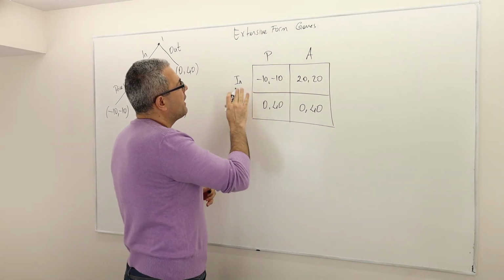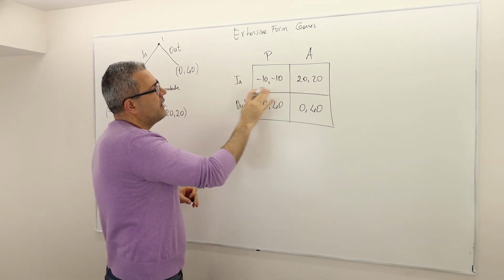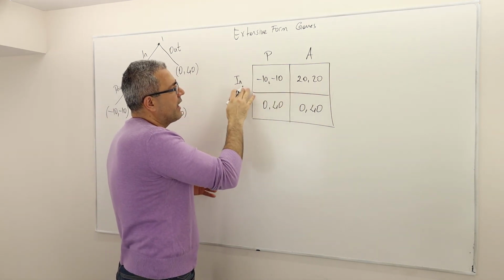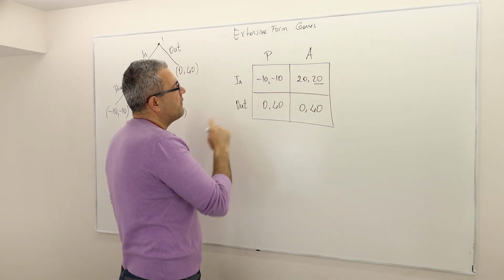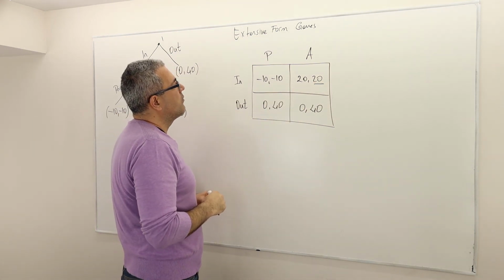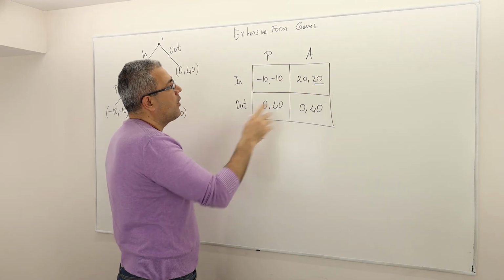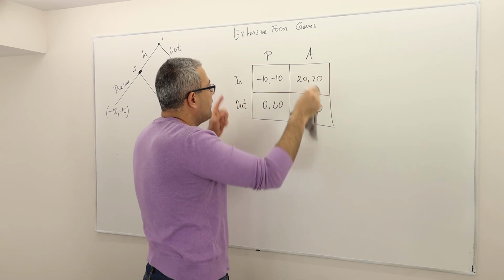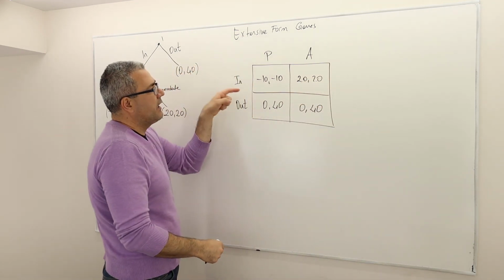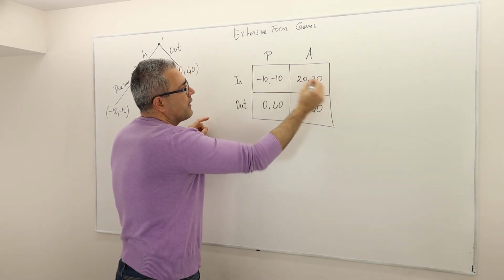So here, if firm one decides to get in, the best response is to accommodate, right? And if it stays out, well, the best response... Oh, I'm sorry, I'm doing it wrong. So if firm one is staying in, the best response is accommodate.